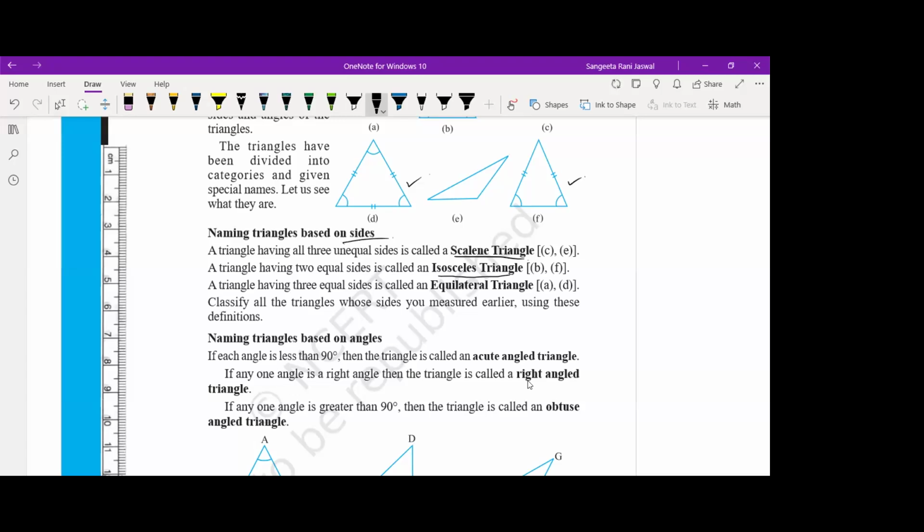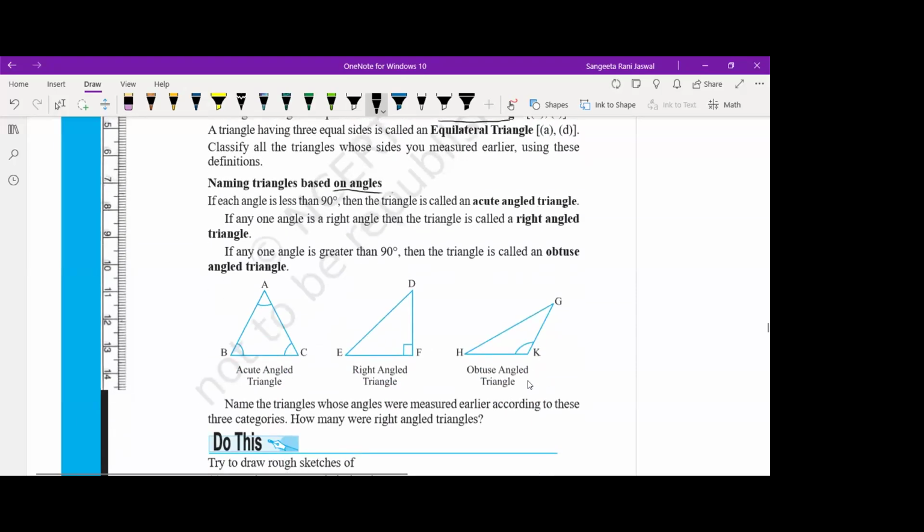And if we have to classify on the basis of their angles, then we have acute angled triangle in which all the angles of a triangle are acute. That means all the interior angles of a triangle are acute. Okay, less than 90 degrees. And if we talk about right angled triangle, in this one angle of a triangle is right angle.